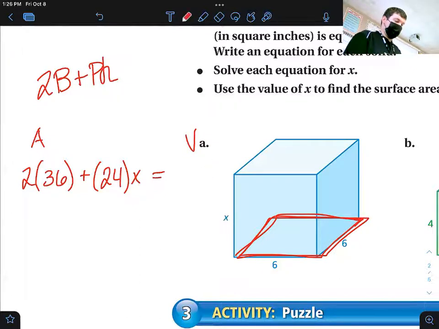And volume would be length times width times height. Jacoby, what expression could I use to represent the volume? So what would you write? Okay.